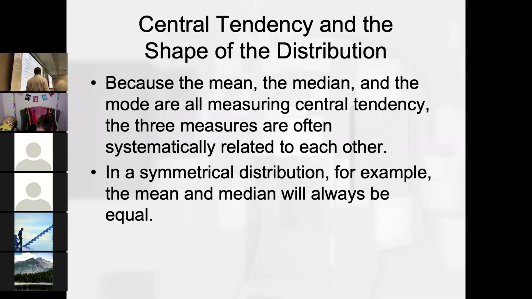Because the mean, median, and mode are all measuring central tendency, they all systematically relate to one another. So when a distribution is a symmetrical distribution, think about those normal bell curves, the mean and median and mode will always be the exact same value.